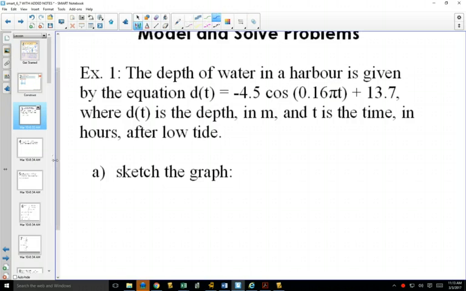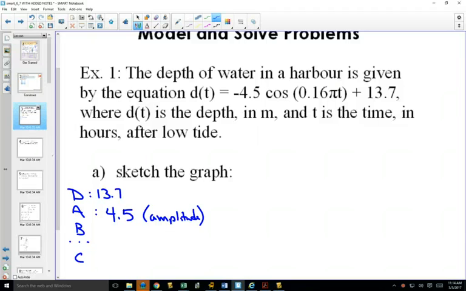And if we were to sketch the graph, again, we're going to think about DAB-C. We're going to start with our d value, which happens to be 13.7. Our amplitude, even though there's a negative out there in front, when we write our amplitude is always a positive value. So if we're thinking about our A value, that's going to be our amplitude.